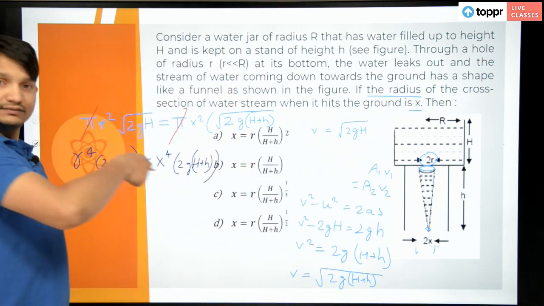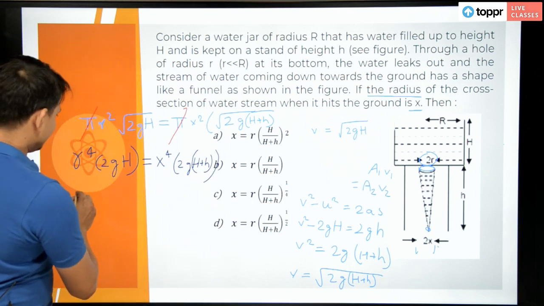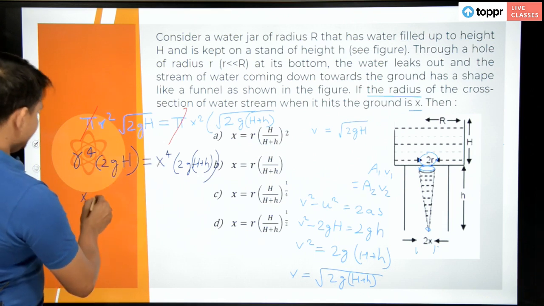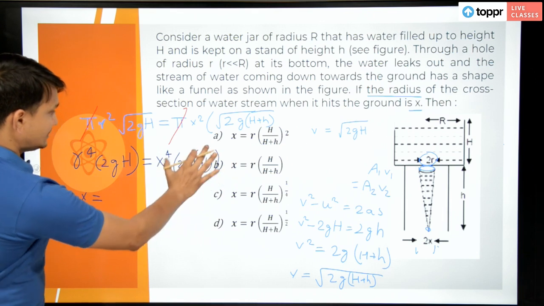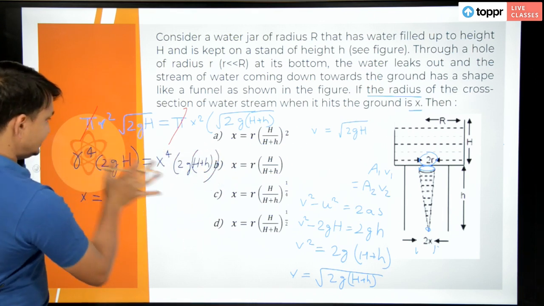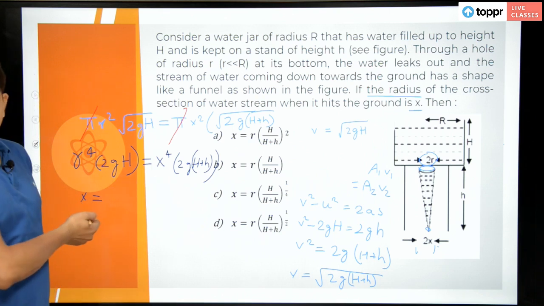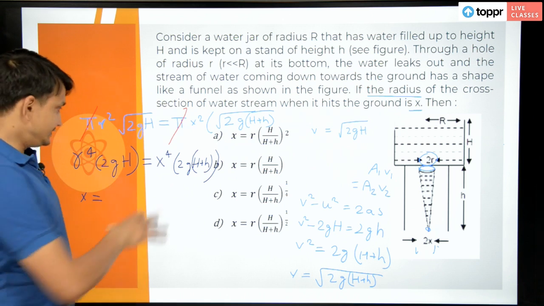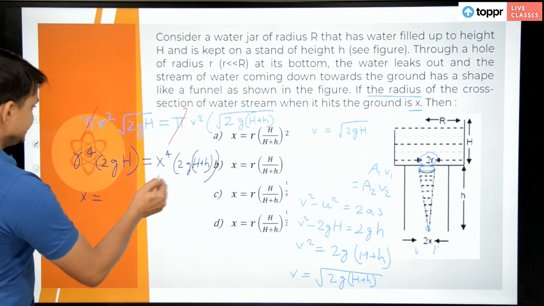All our options are in terms of x, so let us find x in terms of r. x is equal to this quantity divided by this whole quantity here, and we have x to the power 4, so we will get the fourth root of this whole quantity on the right side.